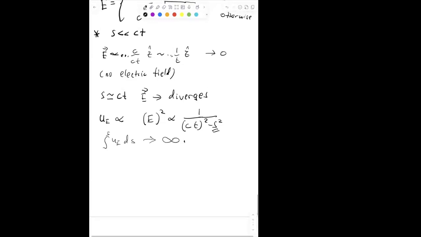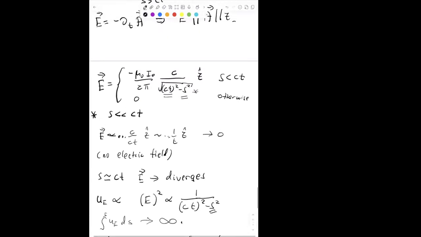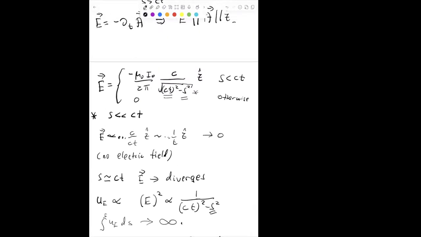So all this divergence comes from the fast, sudden switching on of I. If you do similar problems where I is smoothly turned on, you will not get this divergence, and the physics will be very different close to the light cone.